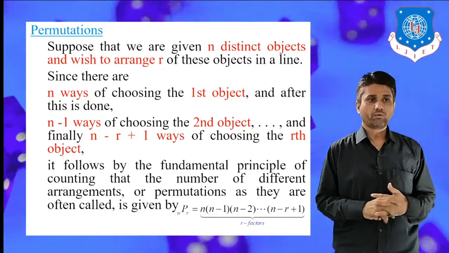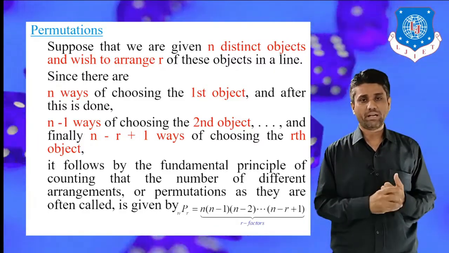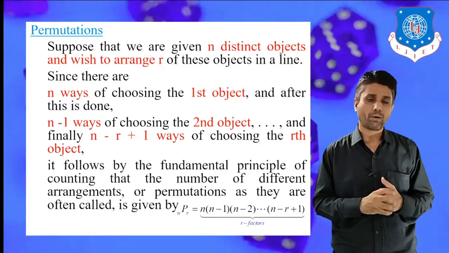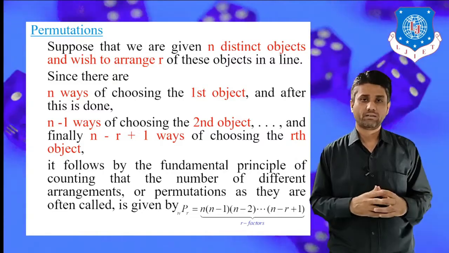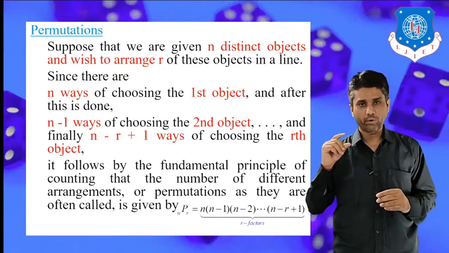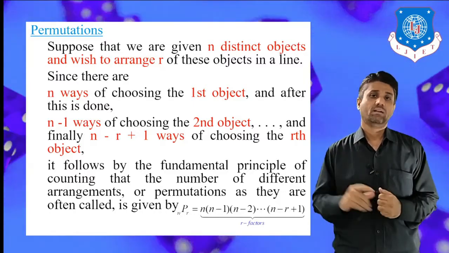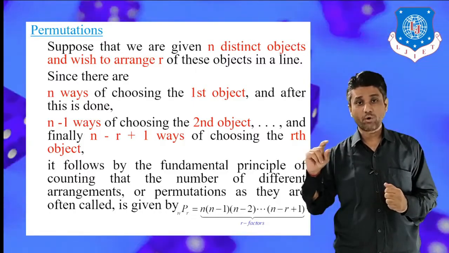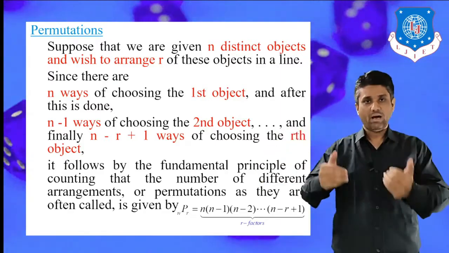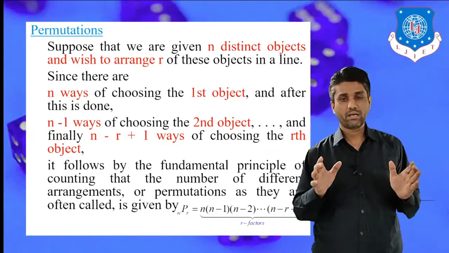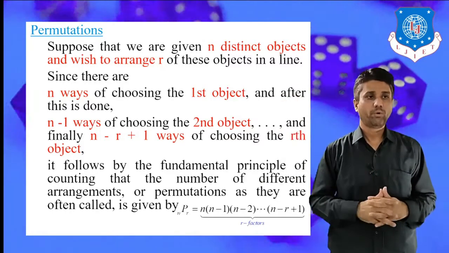Now, in mathematical terms, permutation is denoted by nPr, where P stands for permutation, the suffix n stands for the total number of objects, and the suffix r stands for the number of objects we are interested in picking out of n.